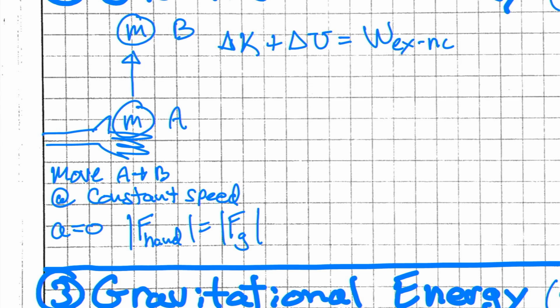So the hand has to push up, same as gravity pulls down, so that we have no acceleration. Because of that, we have no change in kinetic energy. We don't change speed, so no change in kinetic energy.